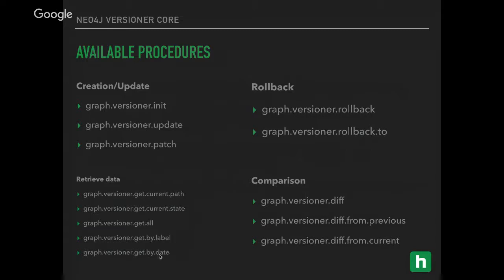And of course, we can get by date. And this is what Alberto was talking about. Yeah. If you want a specific state on a specific date, you can use this one. We will also have some difference and comparison procedures, which can help us understand what is happening between a couple of states: two specific states, previous states, and current states.